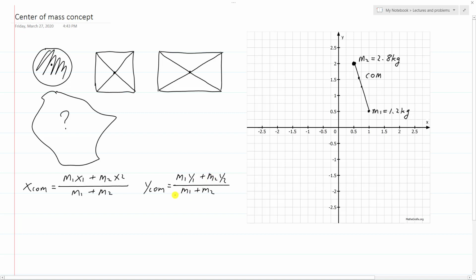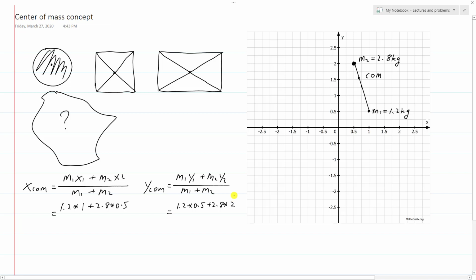Alright, so let's calculate this. We have m1 1.2, x1 is 1, m2 is 2.8, and x2 is 0.5. And let's also complete the y side. 1.2 times the y coordinate of the first one, which is 0.5, and 2.8 times the second one's y coordinate, which is 2.